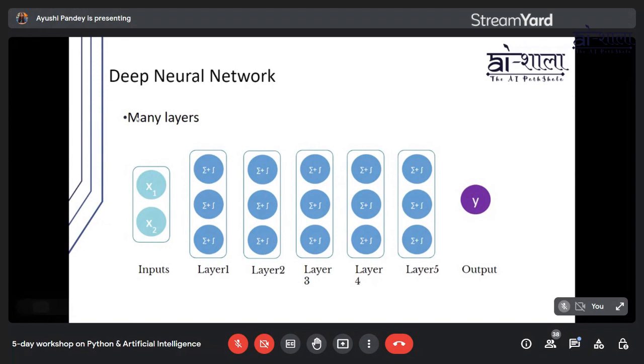Whatever the output is, it is fed into the next layer. Then the computation between these two layers will happen. Whatever the output is, it is fed as input for this layer, and the computation between these two layers will happen. Then the computation for these layers, and finally the output.